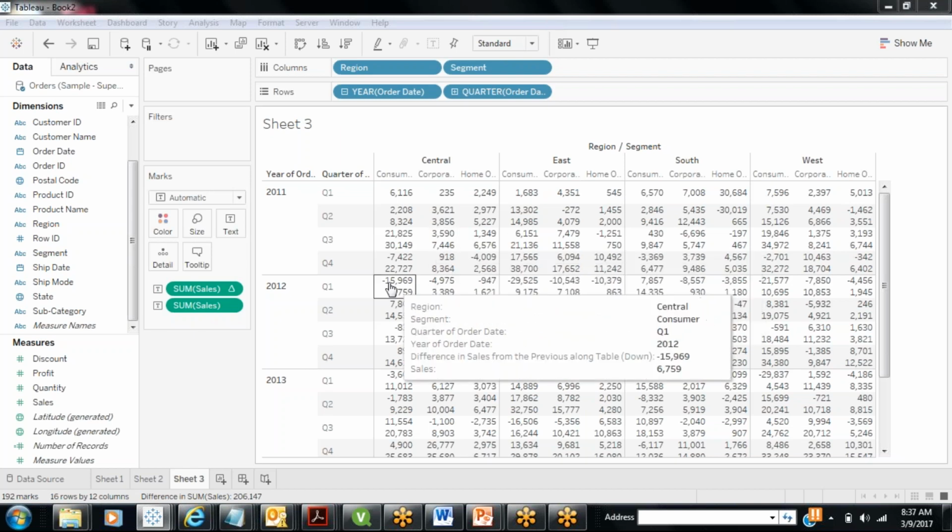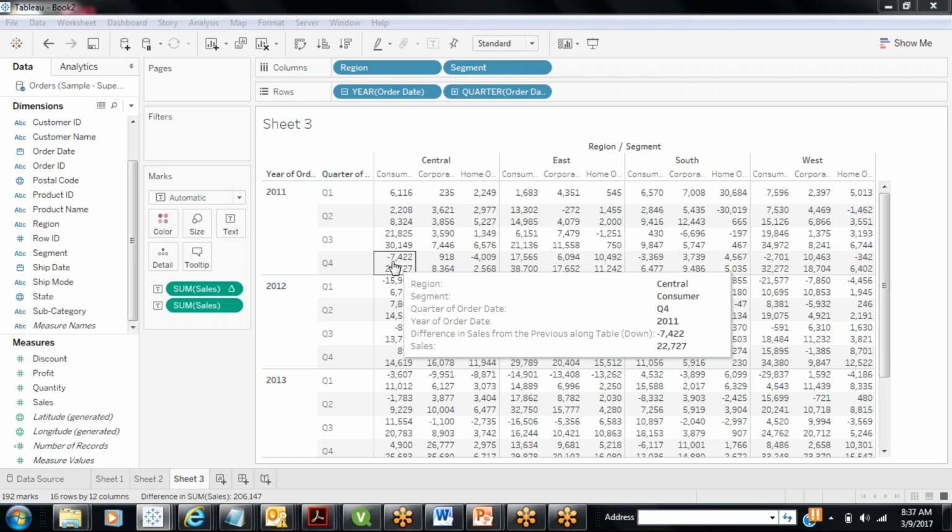So this way. Now when it comes to the fourth quarter, it is poor. So what was the problem in the fourth quarter?